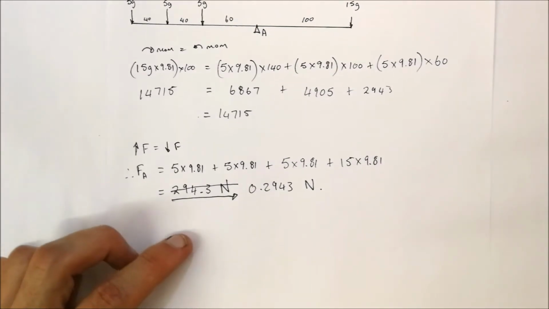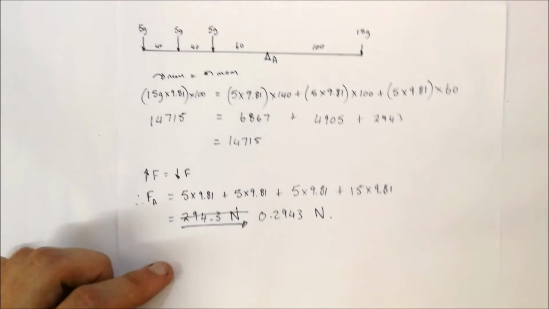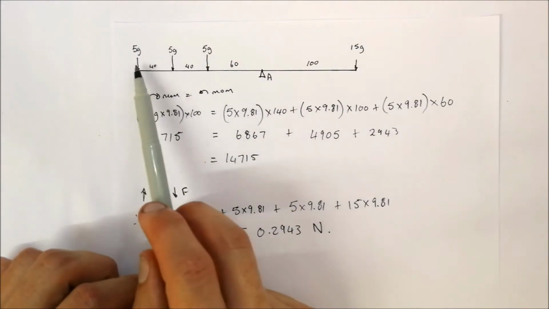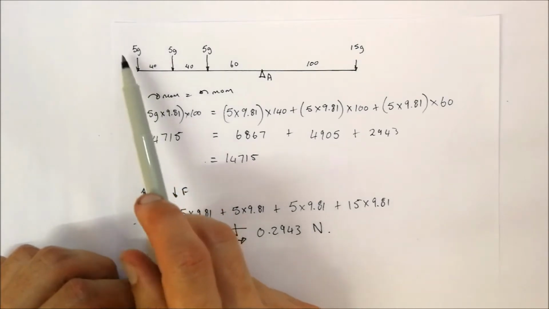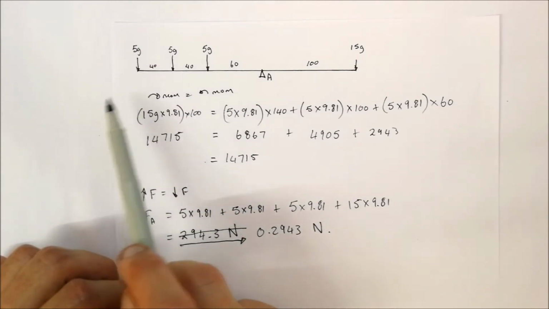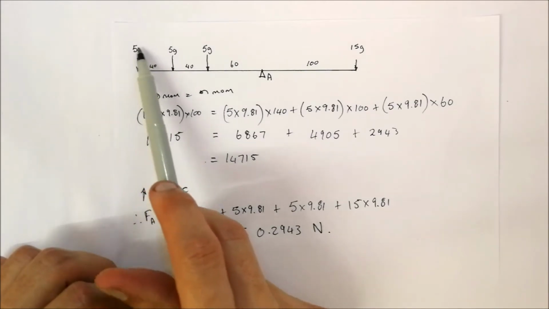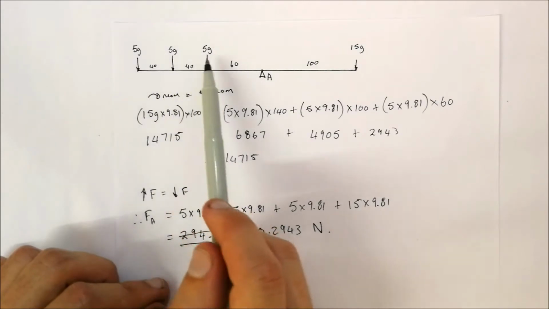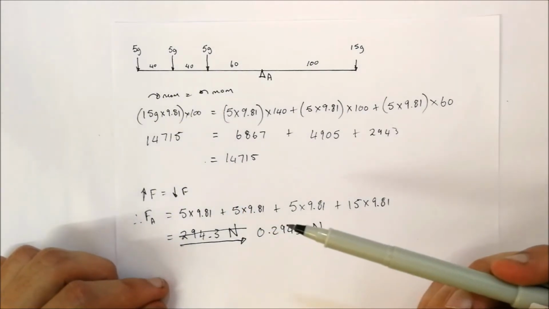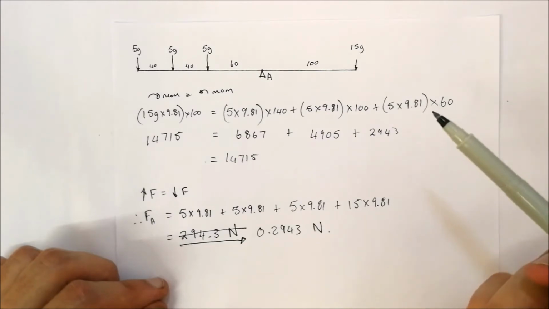So the first thing we need to take into account is, even though in this example I used grams, always make sure that your weights are in kilograms. Also, these must be forces that you show, so if you've got a weight, convert that into a force in newtons specifically.